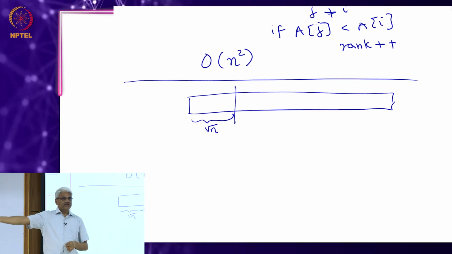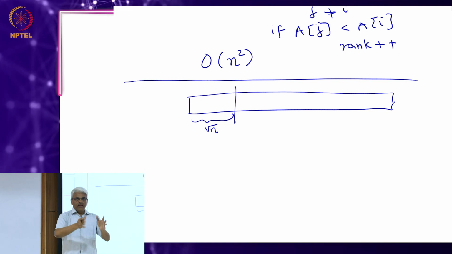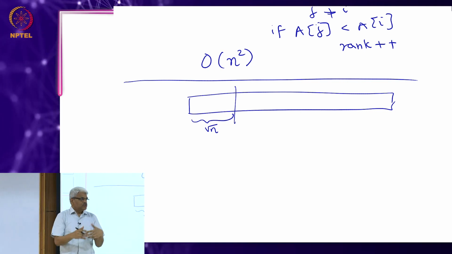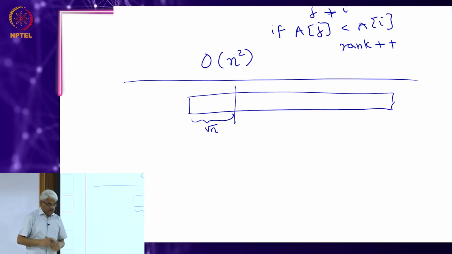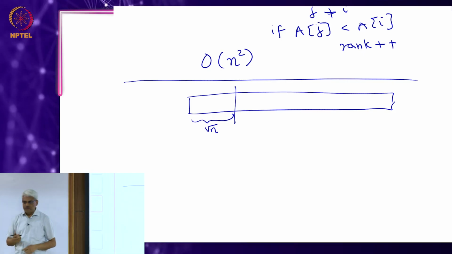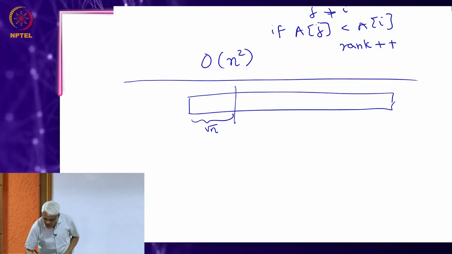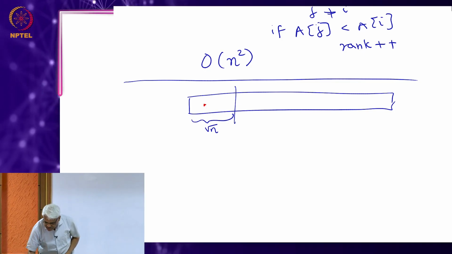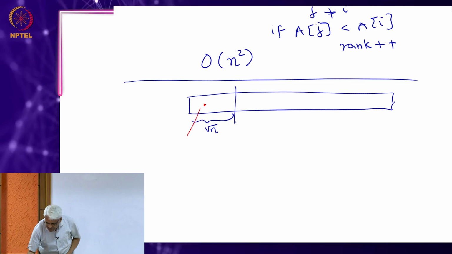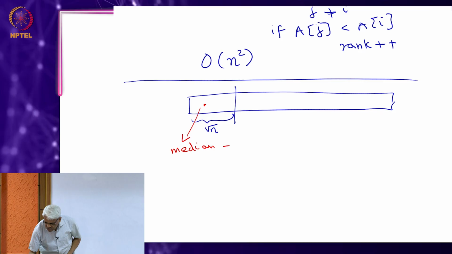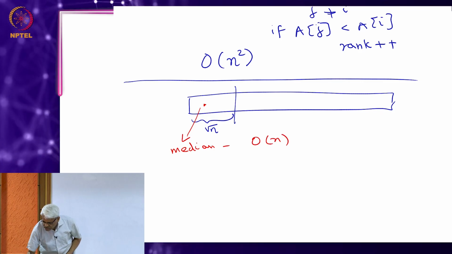The quadratic algorithm I told you, the n square algorithm, apply it on this block. This block has only root n elements. So in order n time with constant space, I can find the median. Let us say that happens to be this element. So this is order n time.